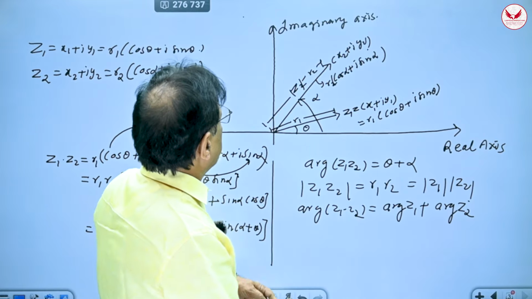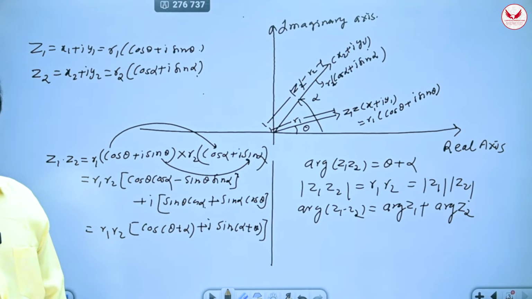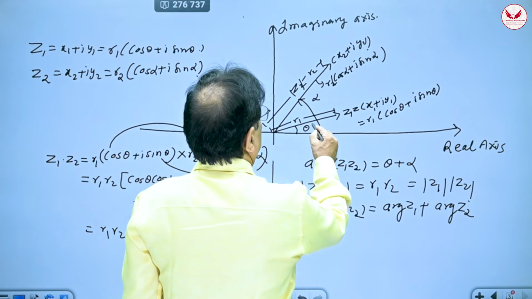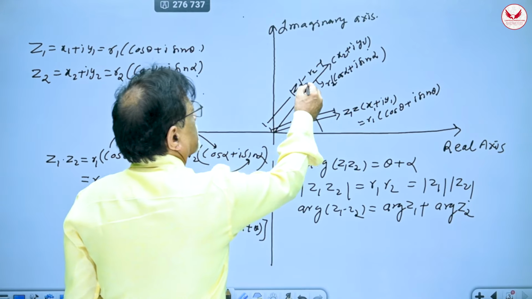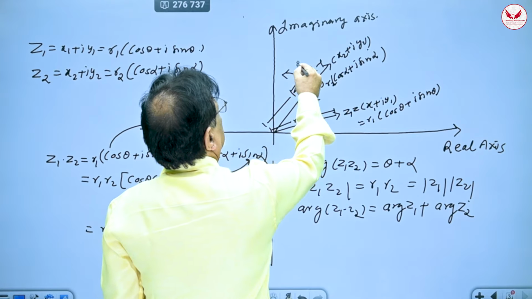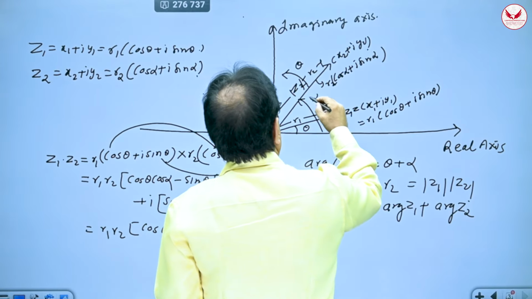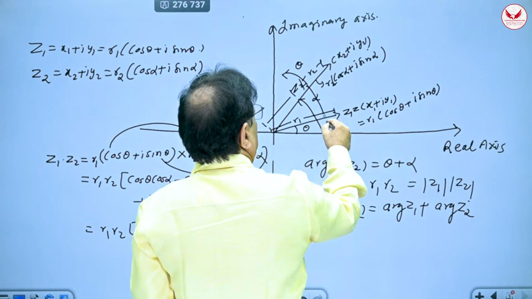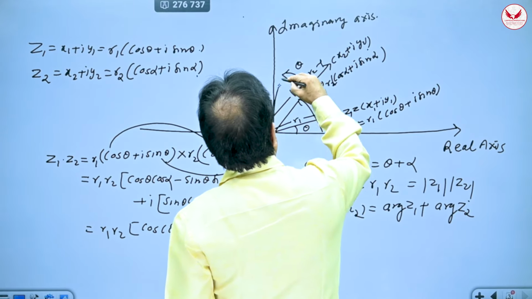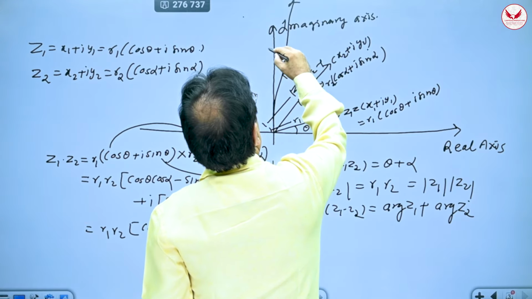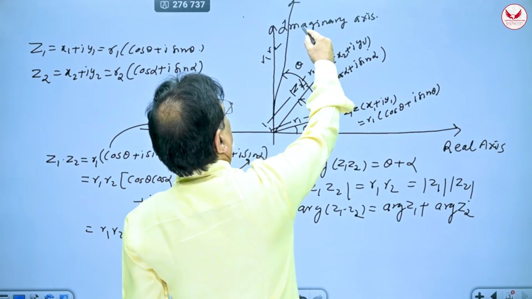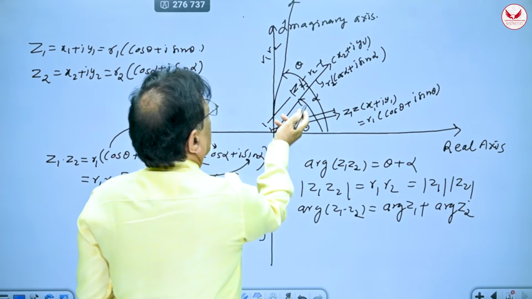That means if I want to represent Z1, Z2, where will it be? Obviously, I want to find an angle which is equal to theta plus alpha. That means if this angle is alpha, I have to go theta degrees further. So if I go theta degrees further, then the total angle will become alpha plus theta. So this is alpha plus theta, and the vector will be somewhere here, and its magnitude will be what? R1, R2. That means mod of Z1 into mod of Z2.